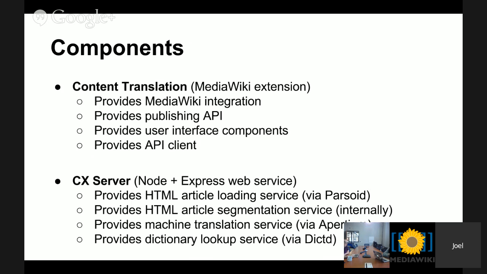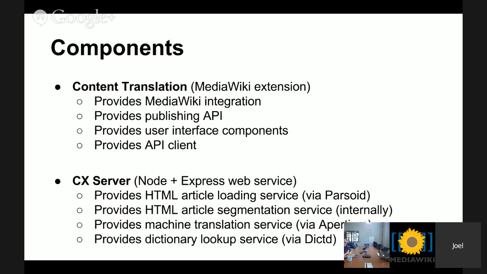The next part is a service we call CX Server, which is written in Node and Express, and it provides the HTML article loading service via Parsoid. It provides HTML article segmentation service internally with some code that David Chan wrote.